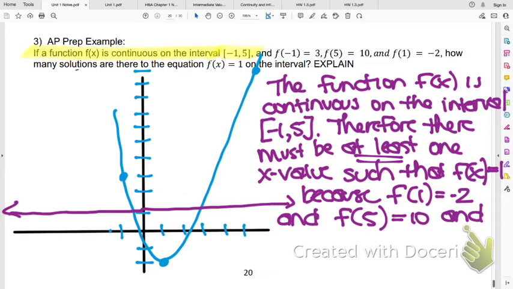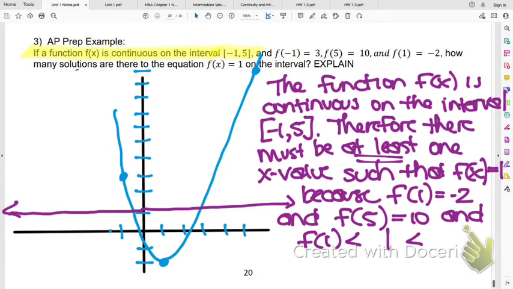So because 1 is between them, it must go through in between. Yes, that's what we're saying. So our final statement will be, which one is the lower one? F of 1 or f of 5? F of 1, not because of the 1, but because of the negative 2 y value. Yes? F of 1 is less than, what y value are we trying to prove that it goes through? 1.